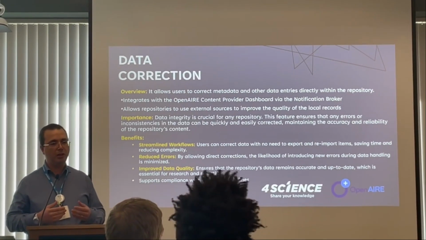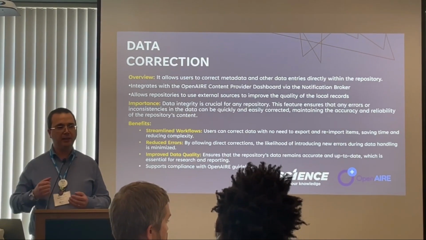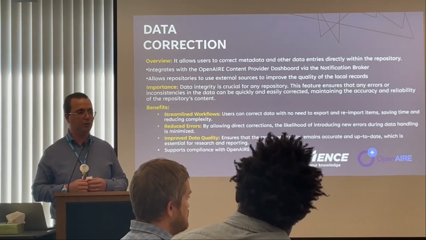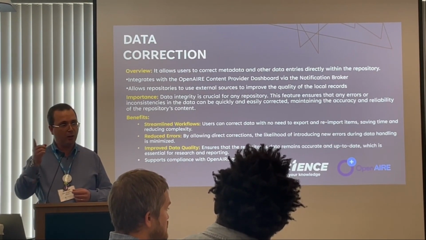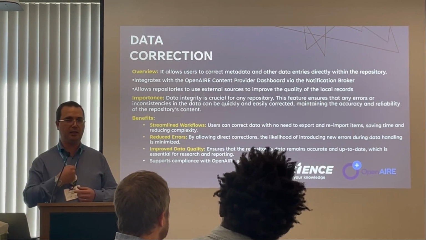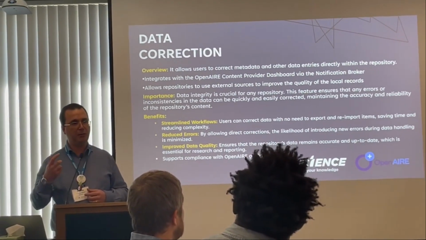My institution sent data to OpenAIRE, but I have authored a publication with a team at Lyrasis, who also send data to OpenAIRE. Imagine this scenario. The data in the institutional repository of Lyrasis is a little different than the data in my repository. Maybe I have the abstract, but Lyrasis has the keywords.